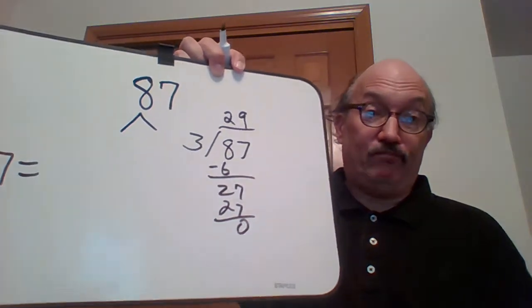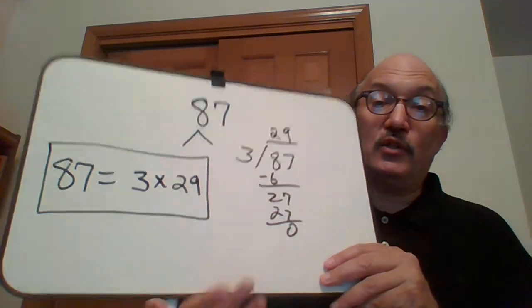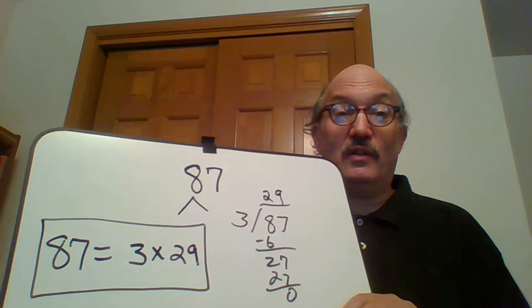So the prime factorization of 87, I could show the factor tree like that. There's only going to be those 2 branches because the prime factorization of 87 is 3 times 29. Now, 3 is clearly prime, and so is 29. You should be able to recognize 29 as a prime number. So that's the prime factorization of 87.